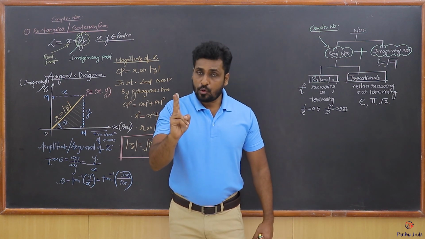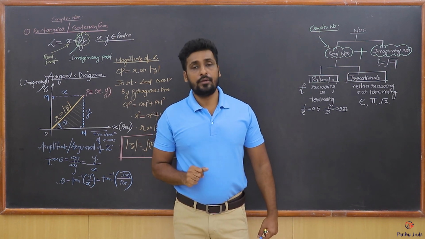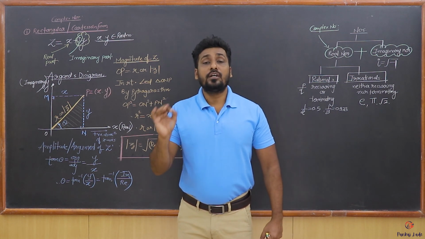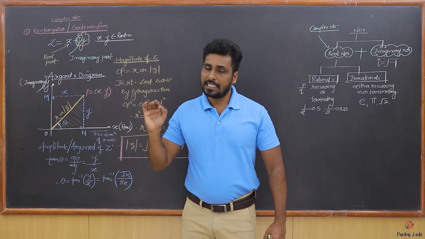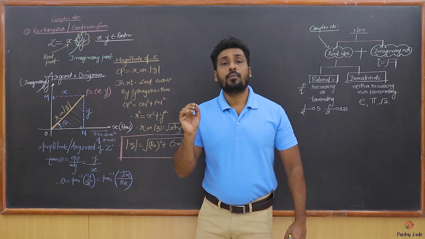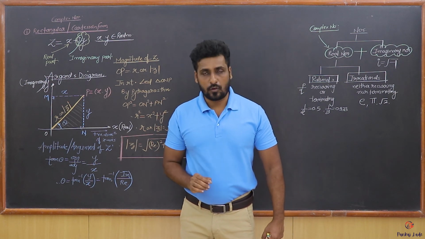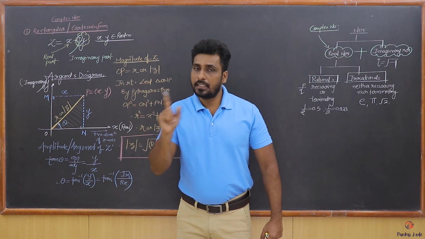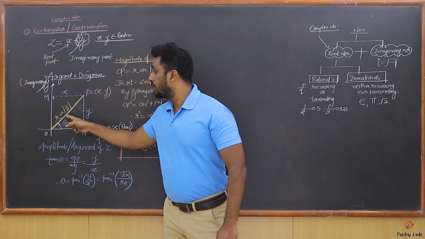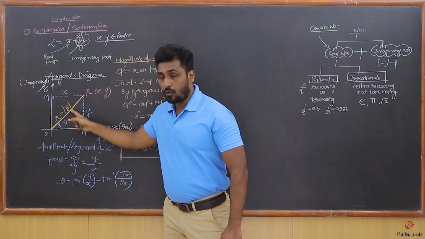And two very important things that we have recalled from our lower standards is the magnitude of z, which is given by under root of real part square plus imaginary part square, and we have understood the other concept called as the amplitude or the argument of z, denoted by theta. This theta is nothing but what? It is the angle made by this ray OP, which is nothing but the length r, or I can say mod of z.